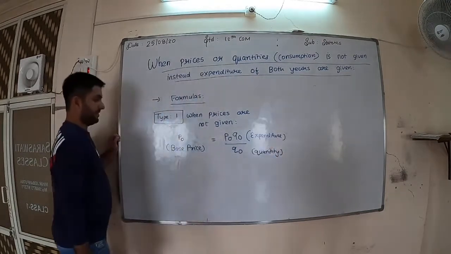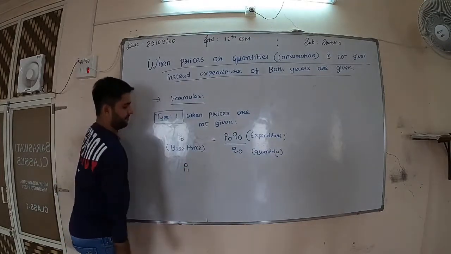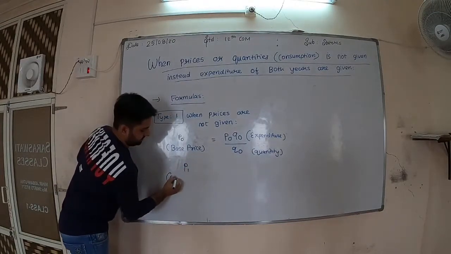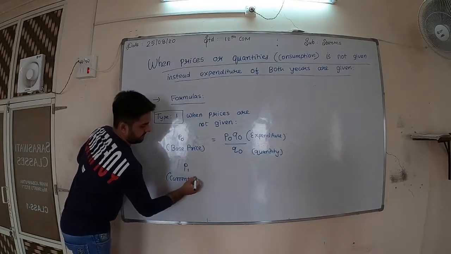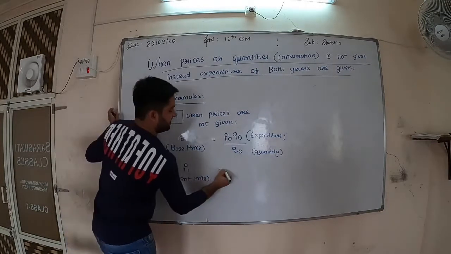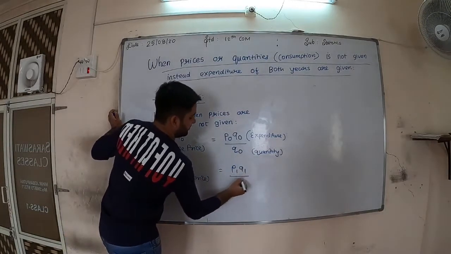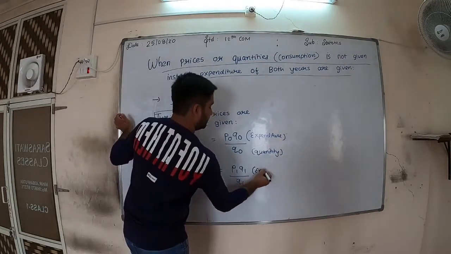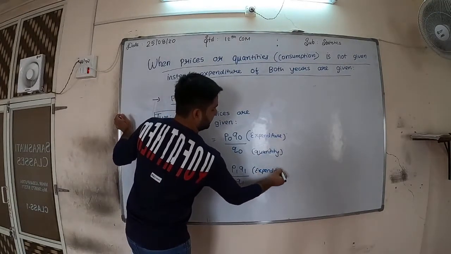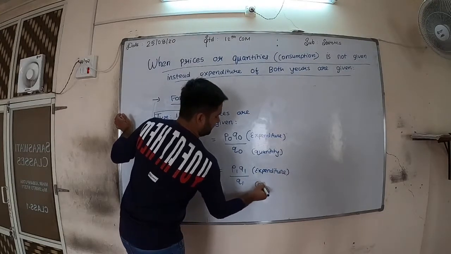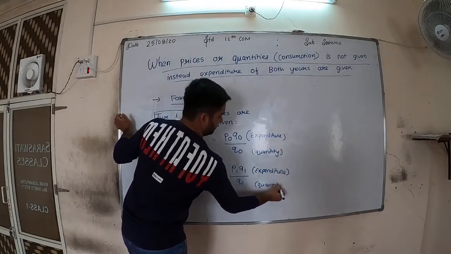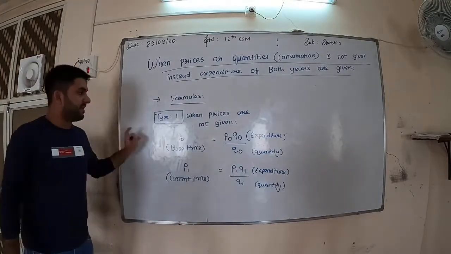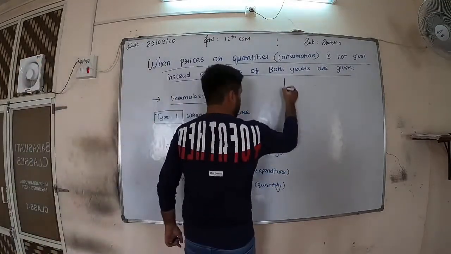In the same way, P1, current price, is equal to P1 Q1 divided by Q1. Same thing: expenditure and quantity. Everyone will write this in your notebook.